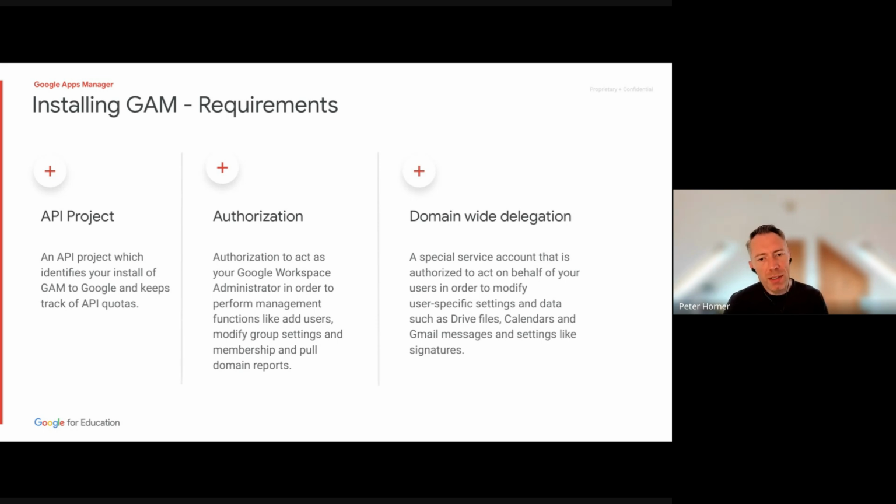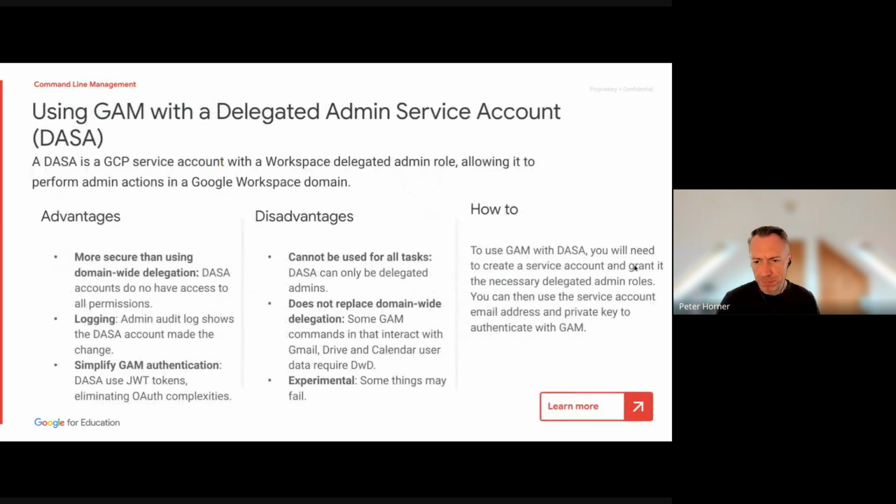But some GAM commands will also require something called domain-wide delegation. This is a way for GAM to essentially impersonate other users on the domain, which is important when wanting to manage things such as Google Drive files on behalf of a user or certain other actions within Gmail. So that can be really important depending on what you're doing.